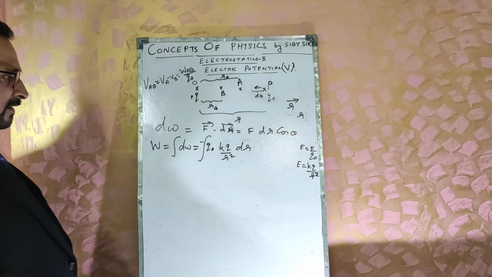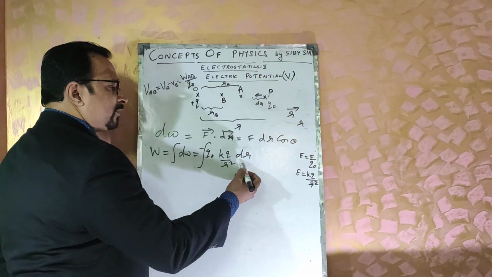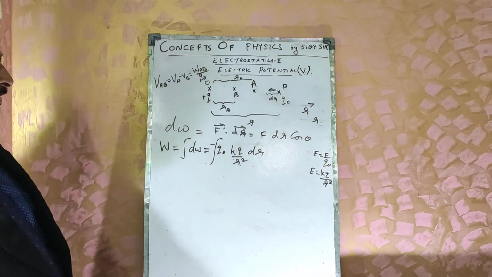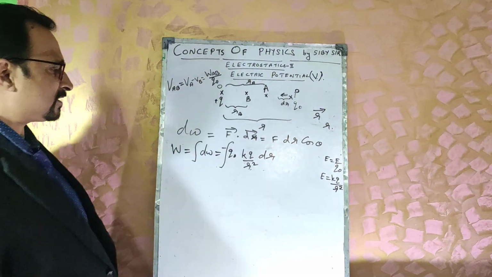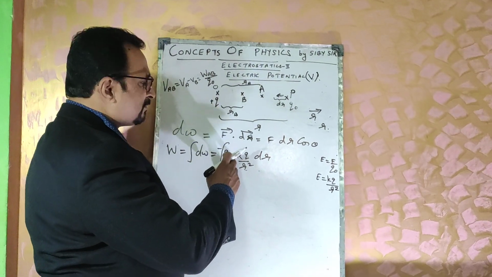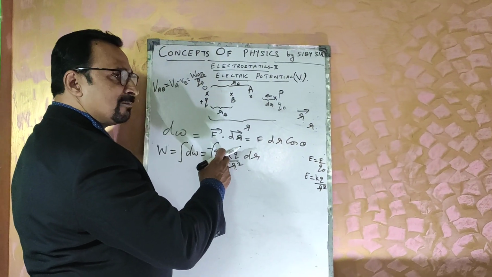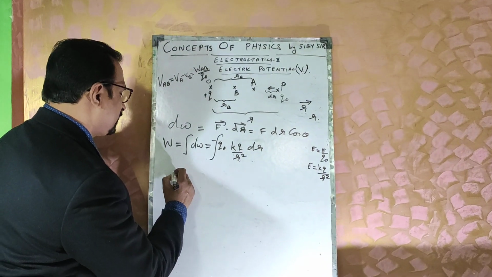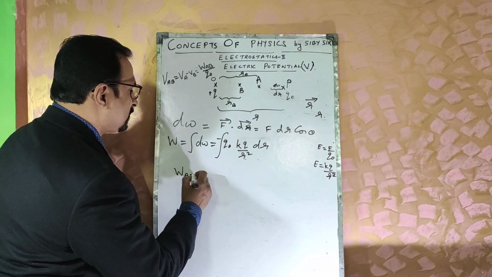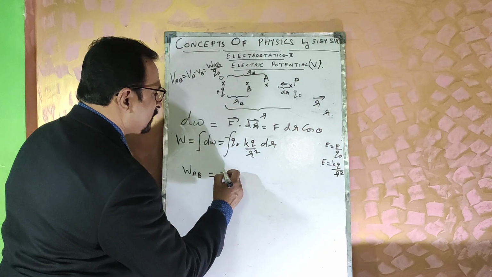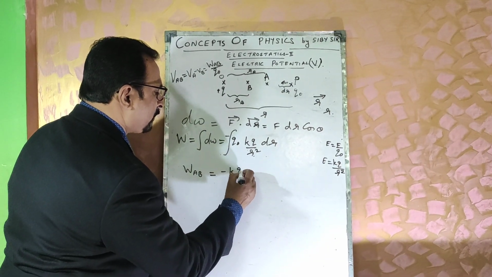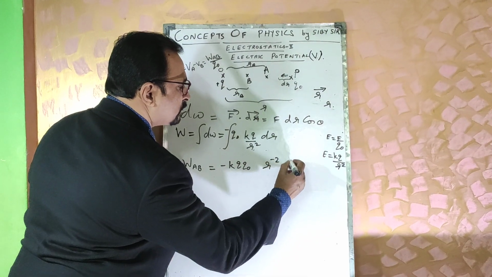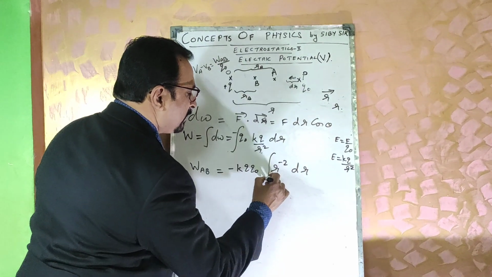Now it is very clear, dr and r square. So r is a variable. So how many constants are there? There are three constants. One is q naught, another one is q, another one is k. So you can take constants outside the integral sign. So WAB is equal to minus kq q naught out, and this 1 by r square you can write as r raised to minus 2 dr integration.